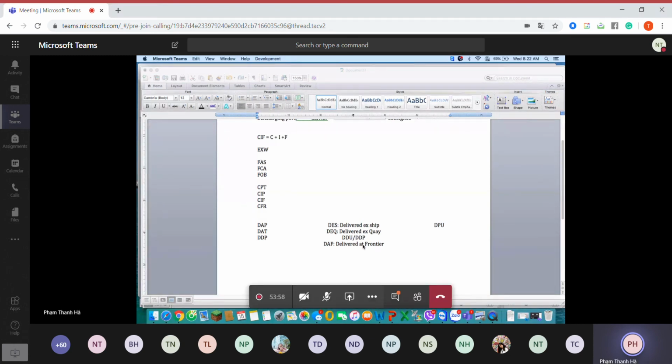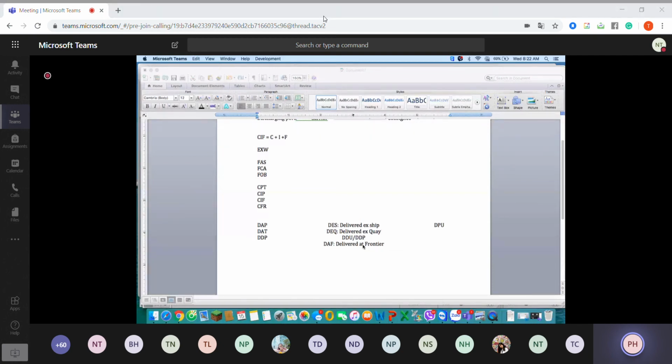So that's why up to the Incoterms 2010, they already deleted DAF. But in my opinion, there is one more reason to delete DAF. DAF means deliver at frontier. It means we specify a place to deliver the goods from the seller to the buyer.